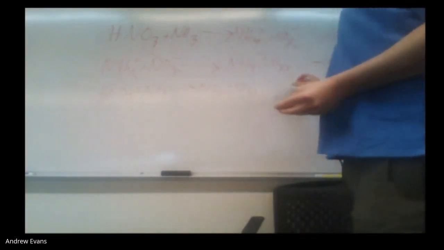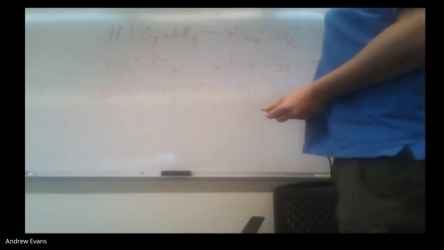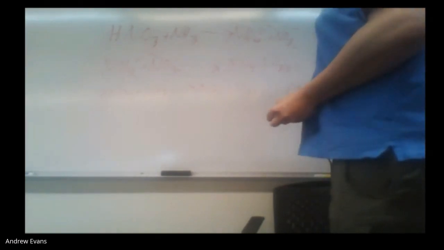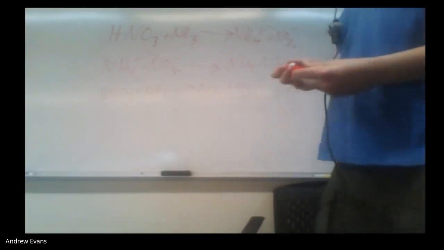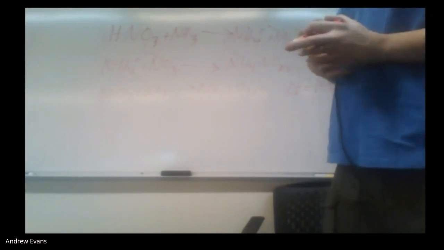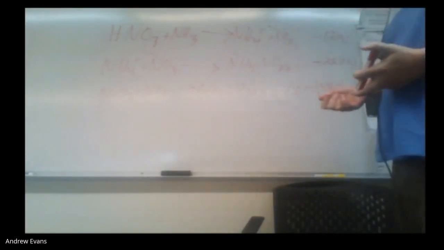And so we would add negative 25.7 to negative 120. The delta H would thus be negative 145.7. That is a much simpler Hess's Law problem, but it's one you could directly see.